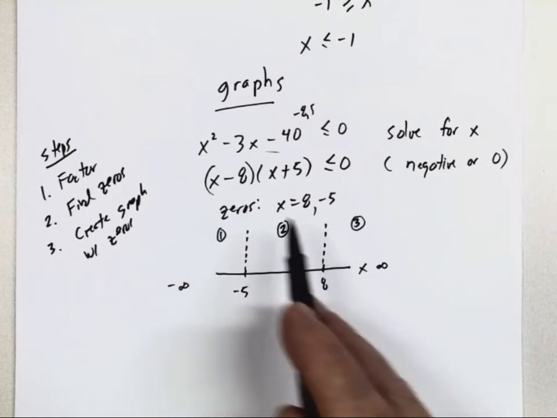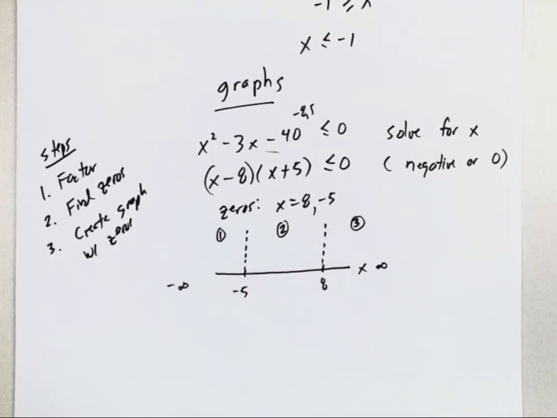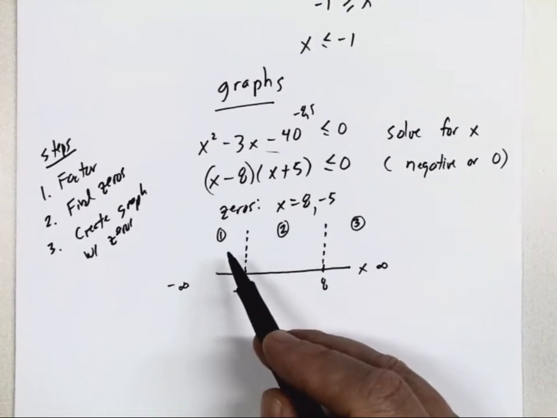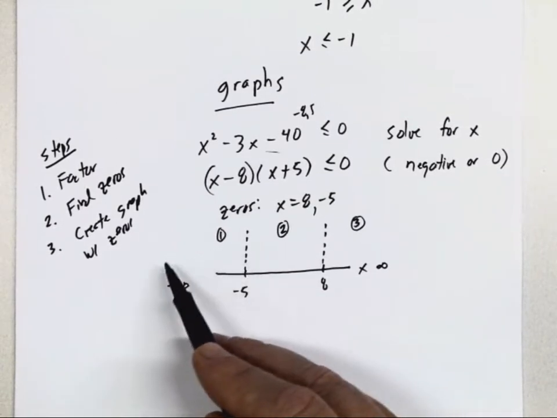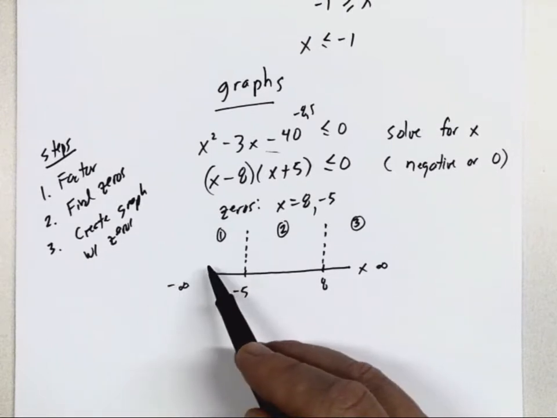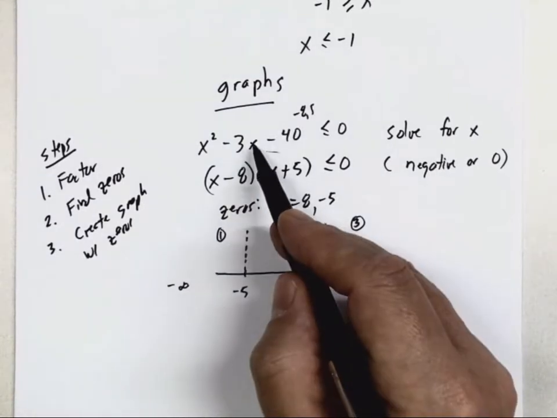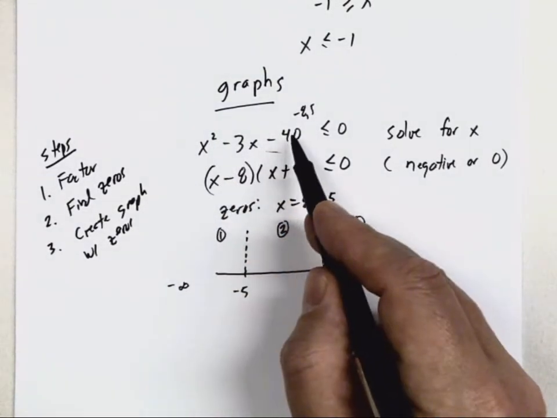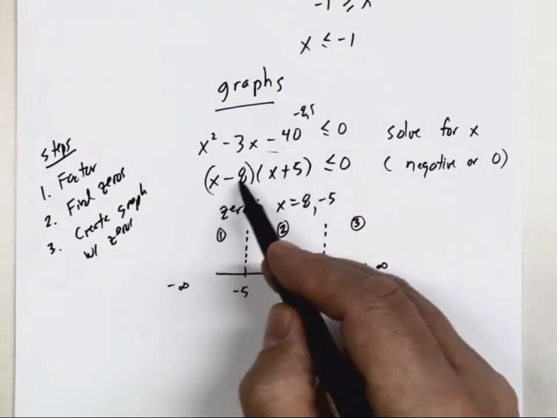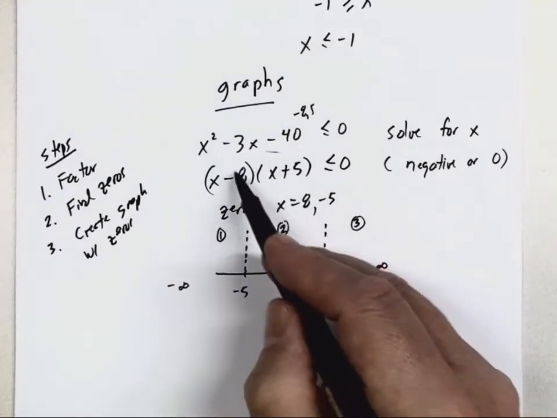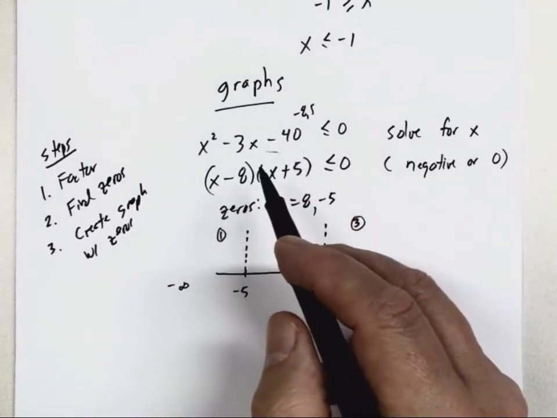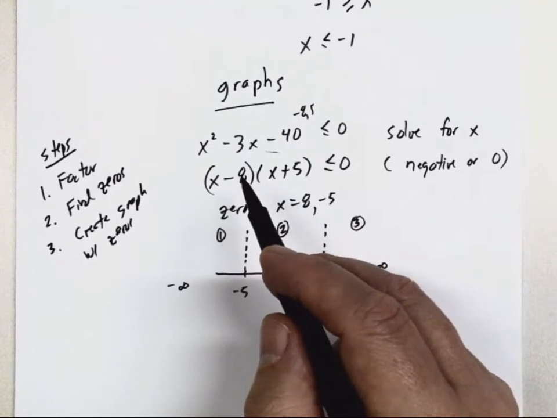Now the reason we break up into regions is because here's what happens with this expression. In each of these regions, no matter what value of x I choose from this region, if I plug any value of x from this region into my original expression or into the factored expression, either one of these, whatever number I choose from region 1, this expression is always going to give me the same sign.